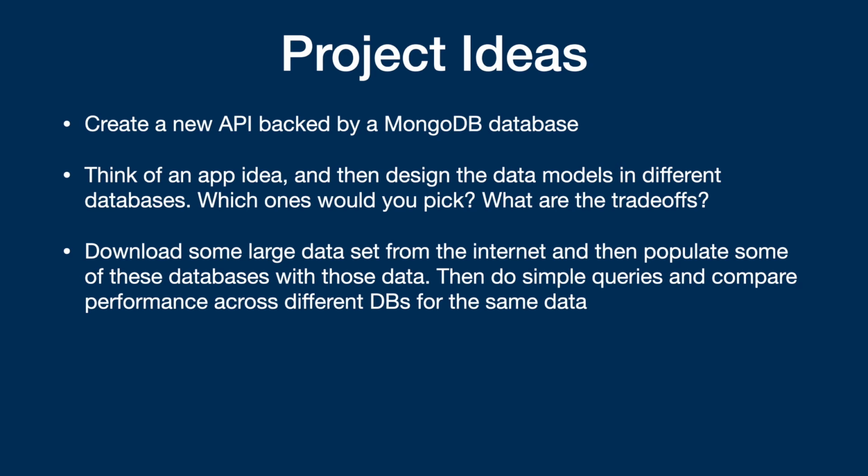Take those millions of rows of data and insert them into, let's say, a MySQL, a Postgres, a Cassandra, a MongoDB, and a QuestDB. So now you have like 5 databases with the same data. And now run very simple queries like getting top X or getting some rows by doing some basic filtering. Do those simple queries in your different databases and see how for the same data, different databases can perform differently.